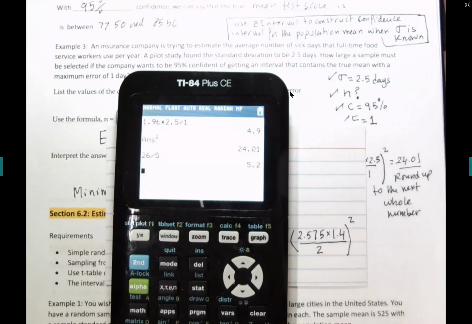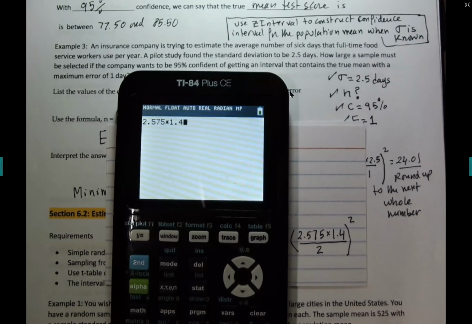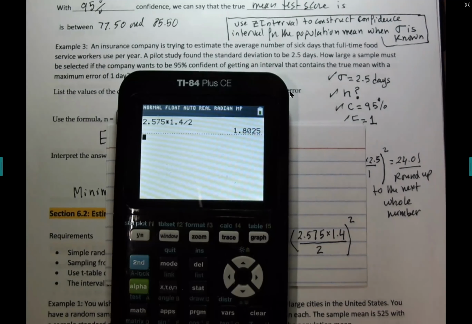So here is the math. 2.575 times 1.4 divided by 2. And don't forget to square. Okay, so what's the sample size, guys?